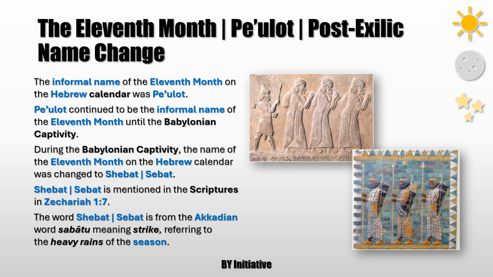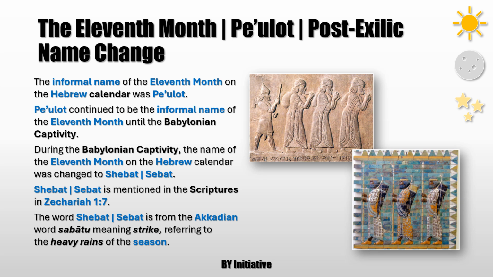Like with all the months on the Hebrew calendar, at least the original one, the name of the month underwent a name change during the Babylonian captivity. As I mentioned previously, the informal name for the 11th month was Peulot, and Peulot continued to be the informal name until the Babylonian captivity.